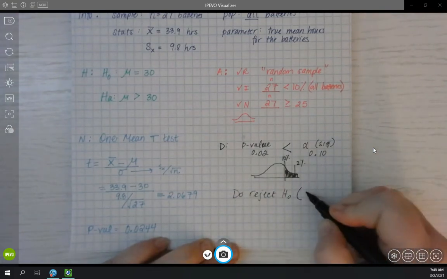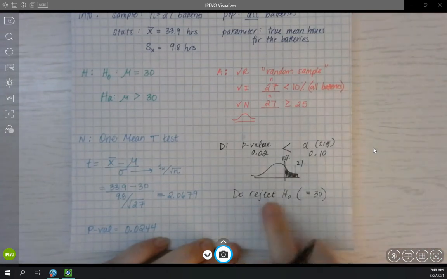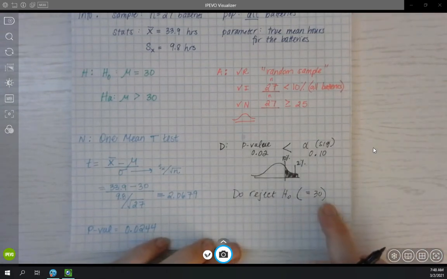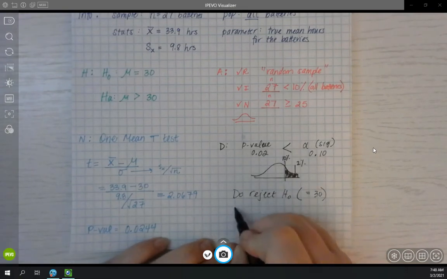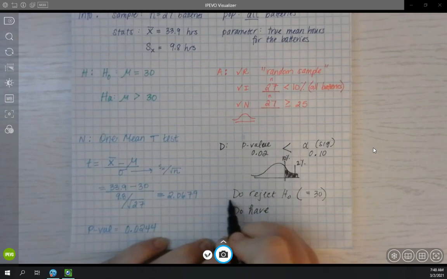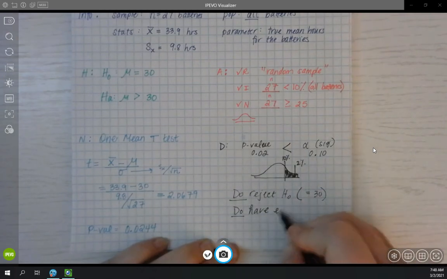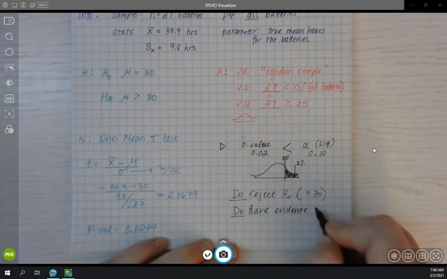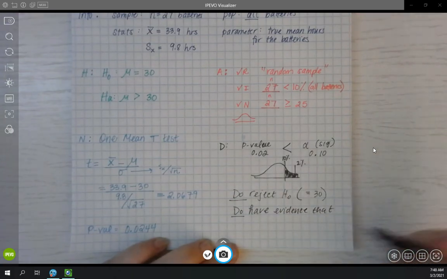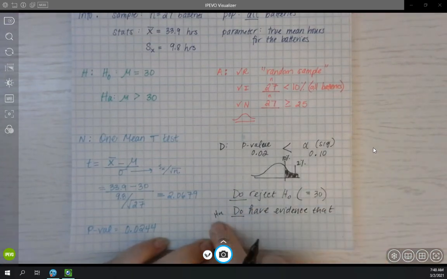And the null was that I would be equal to 30 hours. So I'm rejecting that I am 30 hours. I reject it because this is telling me I do have evidence. Remember, do's go together. Do have evidence that, and now we're going to look at the Ha portion, the alternative.